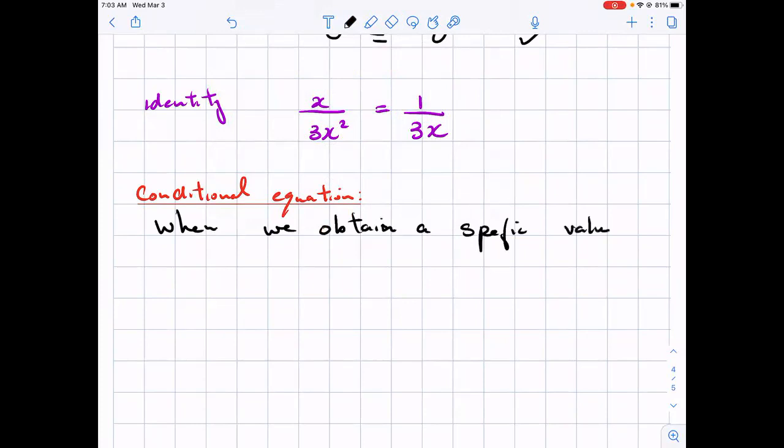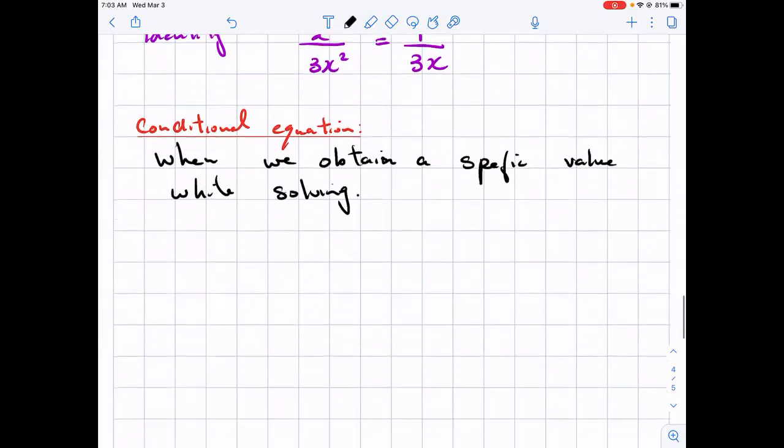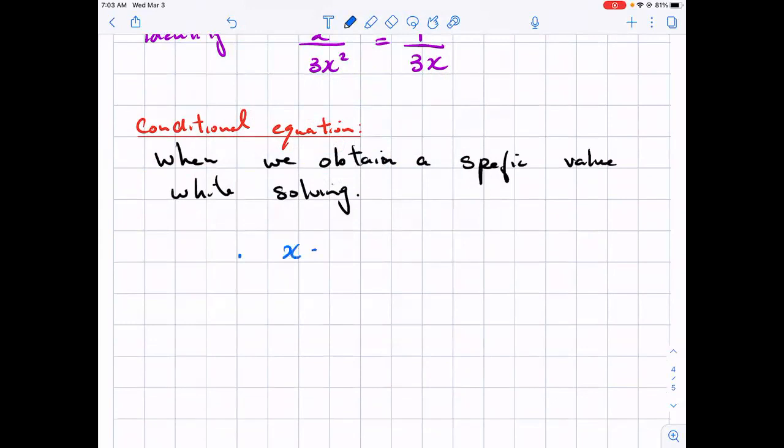An example of this will be x plus 5 equals 7.